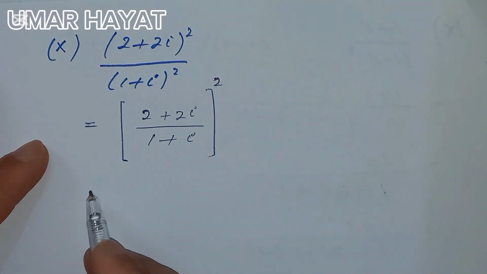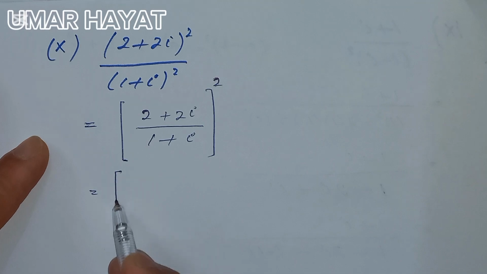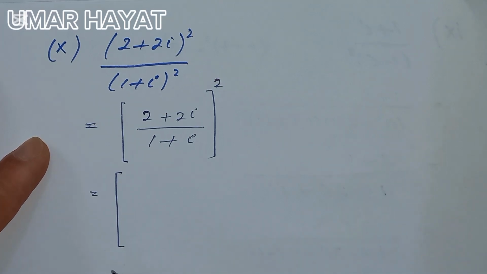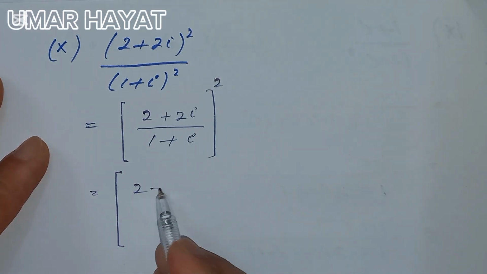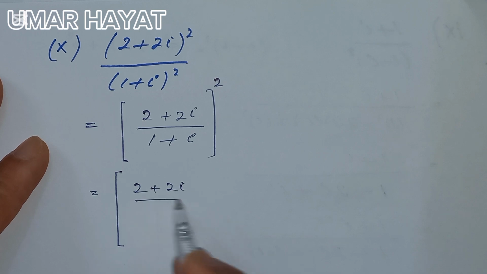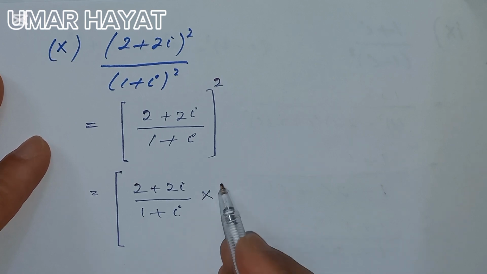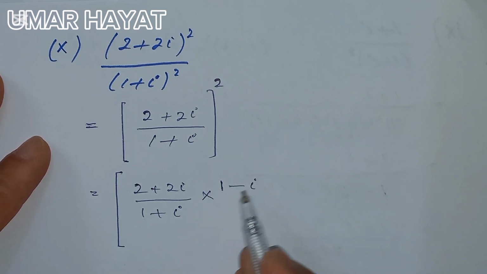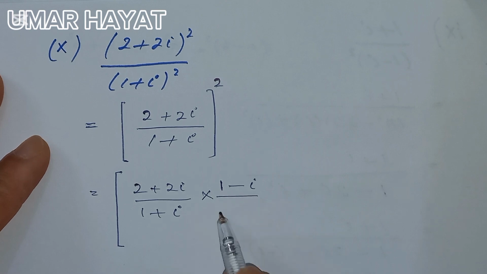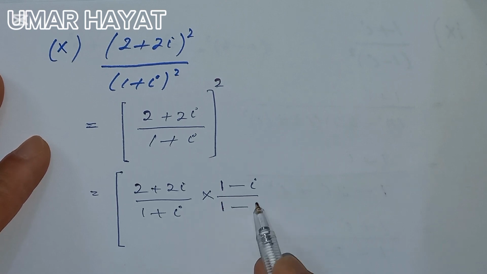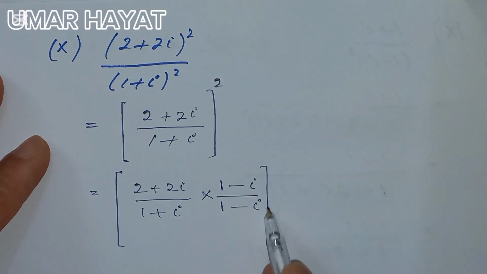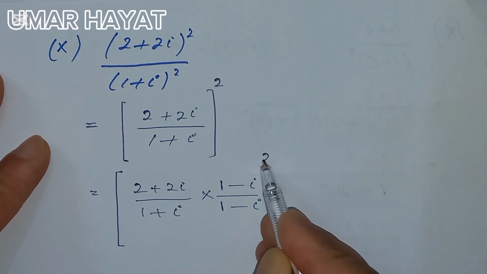Now by following the similar process which we use for all parts, this is 2 plus 2 iota divided by 1 plus iota. The denominator is 1 plus iota, and its conjugate is 1 minus iota. We multiply numerator by 1 minus iota and denominator by also 1 minus iota and put the square sign out of the bracket.